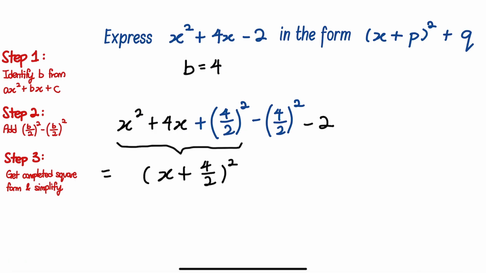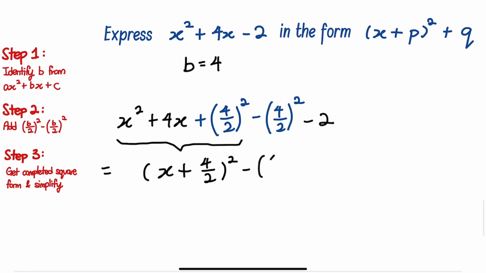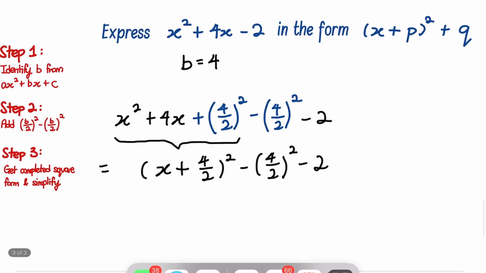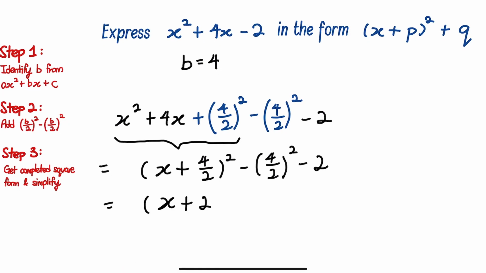Then the back part I'll just leave as such. I can simplify step by step to make it clearer. I will get x plus 2 squared, since 4 divided by 2 is 2, minus 2 squared, minus 2.